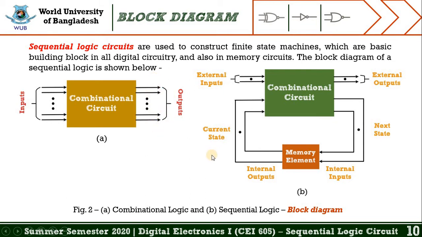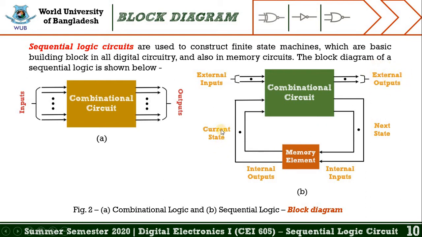Okay, and if you look at figure B, which represents the block diagram of sequential logic circuits, you may find there are also three sections: left, middle, and right. In the upper left section, you may find there are external inputs, and in the upper right section, you may find there are outputs, which are also known as external outputs.